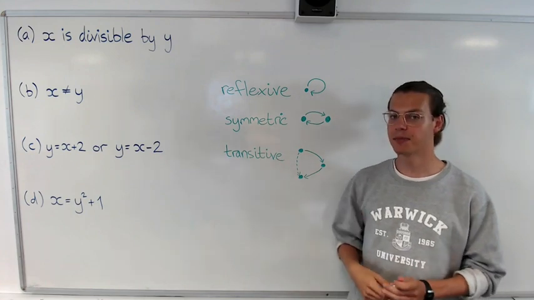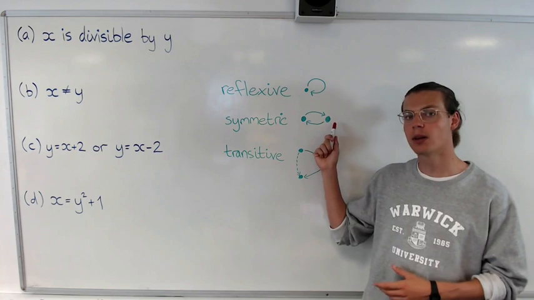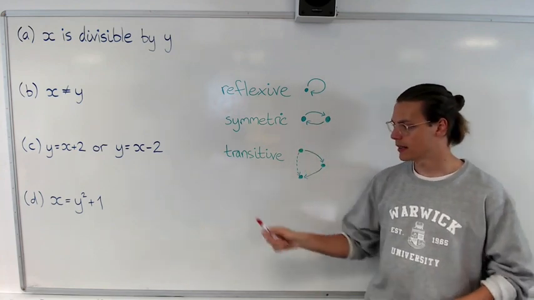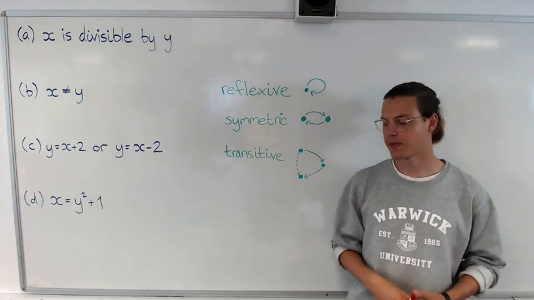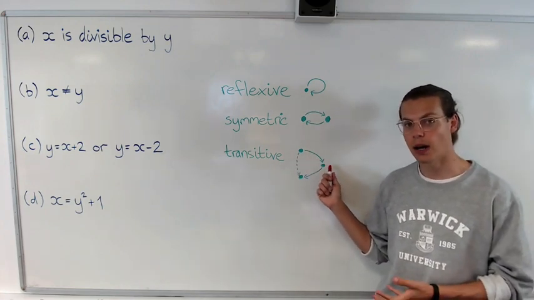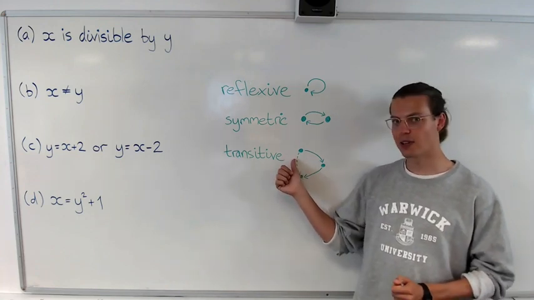It is symmetric if whenever x is related to y, y is related to x, and it is transitive if whenever x is related to y and y is related to z, we also have x related to z.